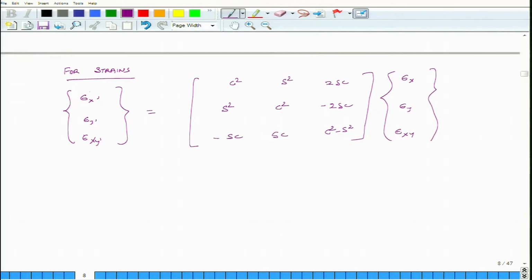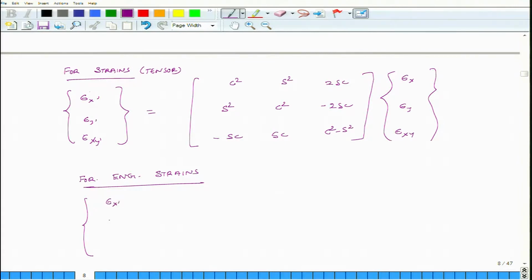Now, this is for the tensor version of strain, but a lot of times we use engineering strain, engineering shear strains. For engineering shear strain, the only thing we have to do is bring in a factor of 2.